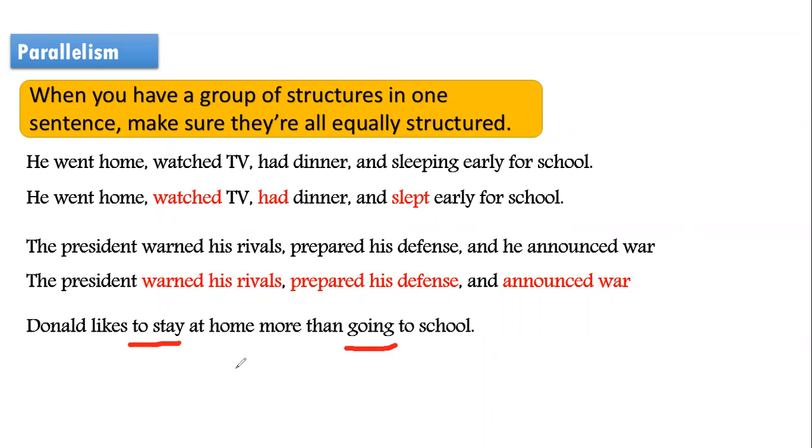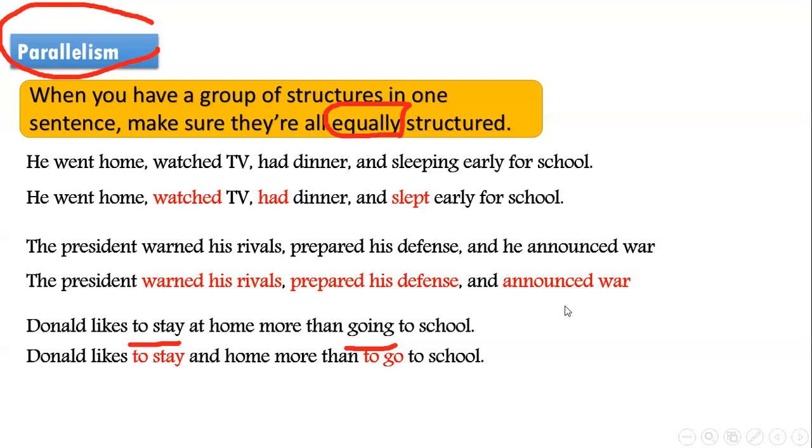Since they are in the same sentence and the same comparison, they should be equal, or parallel. Like I said, parallelism: when you have a group of structures, they should all be equally structured. To stay is a structure different from going. If I have to stay here, I should have to go here. If I have going here, it should be going and staying. So in this case, I would go for: Donald likes to stay at home more than to go to school.